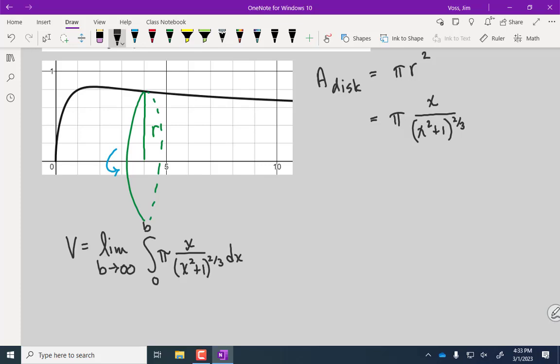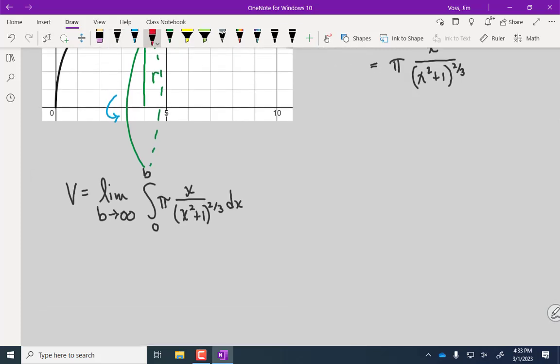So whatever you let u equal, its derivative must match. Or we can divide by 2. All right, so we're going to let u be x squared plus 1. du will be 2x dx, so du over 2 will be x dx.